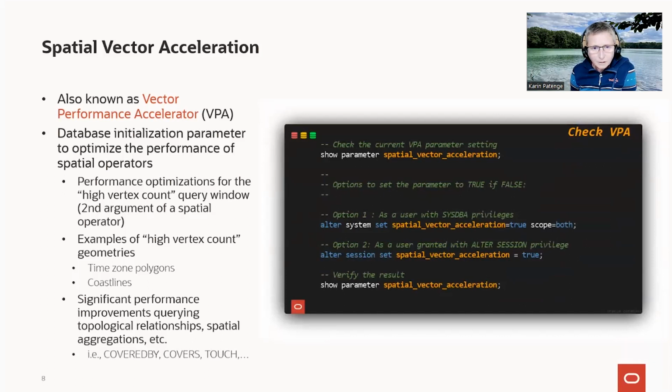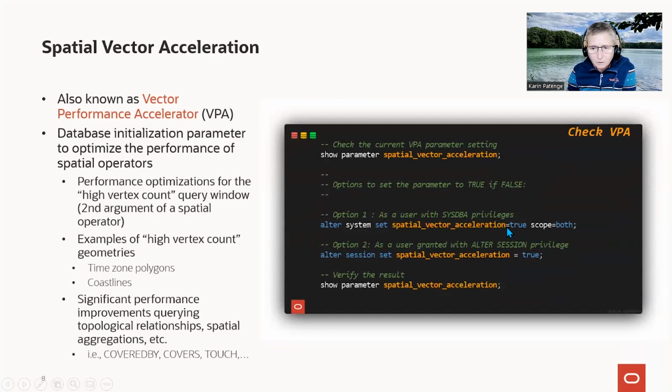So here is how you can check whether the vector performance accelerator is enabled. You show the database parameter, and if you find that it's set to false, then you can enable it by assigning the value true.